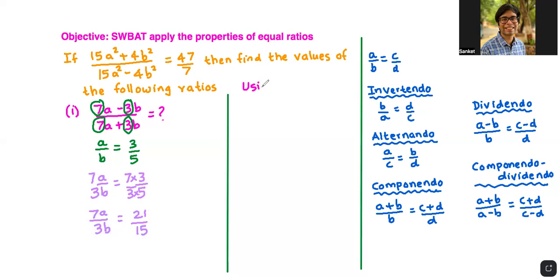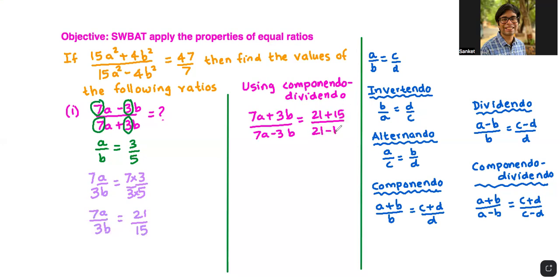So using componendo dividendo, I get (7a + 3b) upon (7a − 3b) is (21 + 15) upon (21 − 15). That is 36 divided by 6. I can reduce this ratio as 6 upon 1.